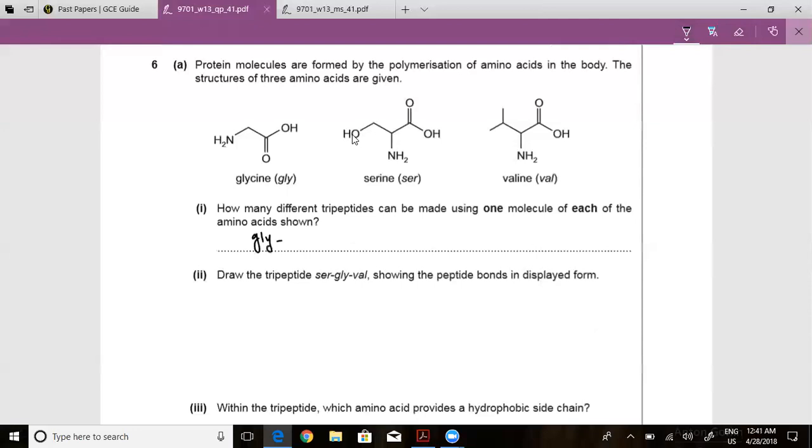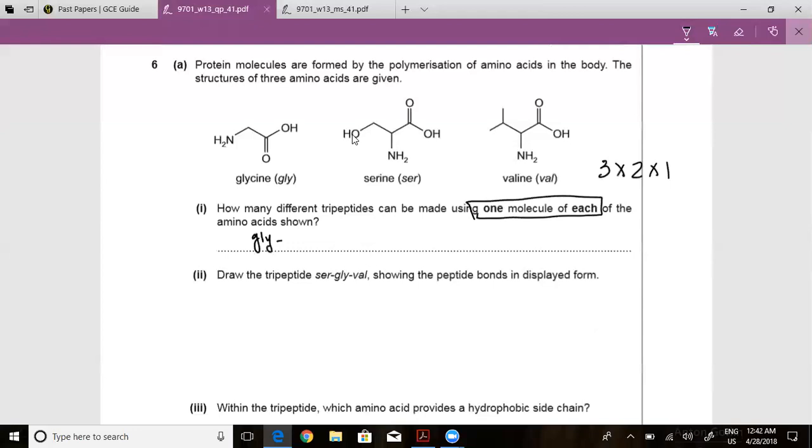Oh, this has to be 1 mole of each of them. That doesn't mean I can't use 3 moles of one of them and 0 moles of the other two. That's what we made. So basically 3 factorial. So there's 3 chances for the first, 2 for the second, 1 for the third.